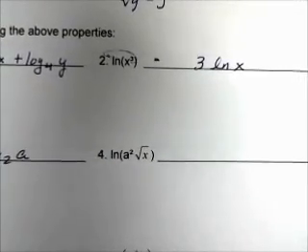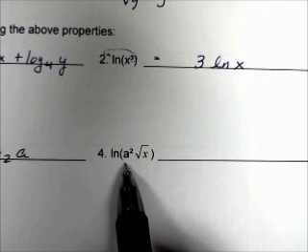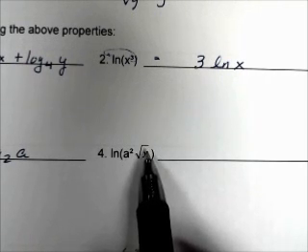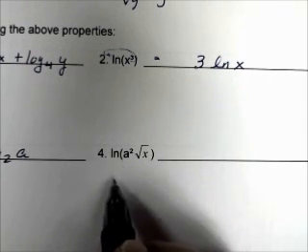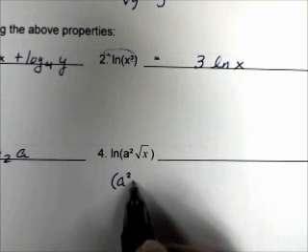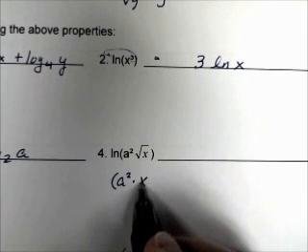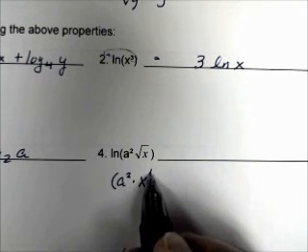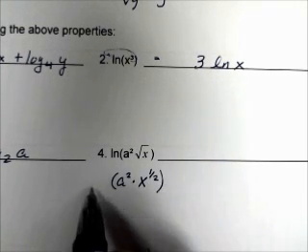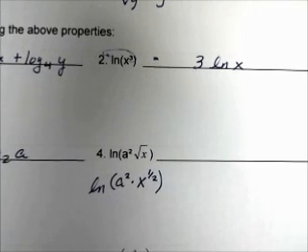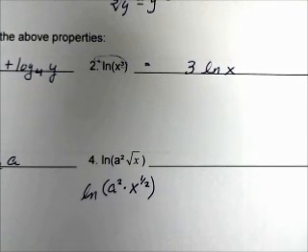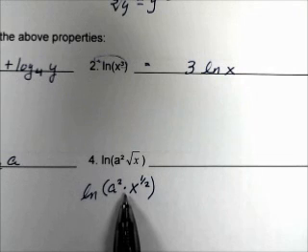Here we have ln of a squared times the square root of x. First, the square root of x we would write as x to the power 1/2. Okay, now applying our rules. The multiplication is going to expand to addition.